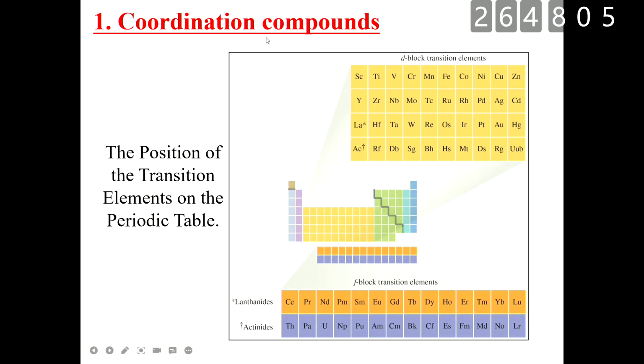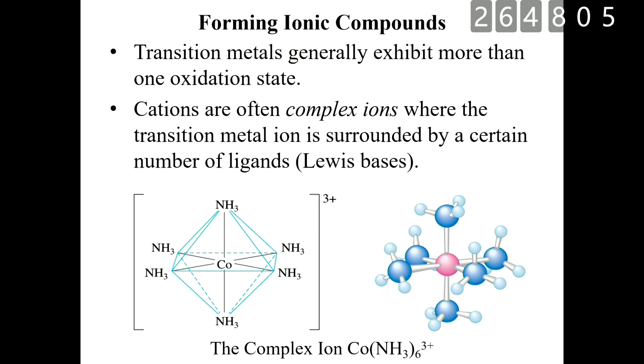So now the coordination compounds, we know they are made of two parts. One part is metals. In the compound, all the metals can be in the compound. The first part is the metals, and another part is ligands.